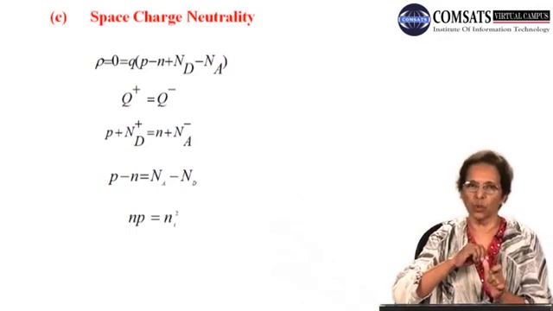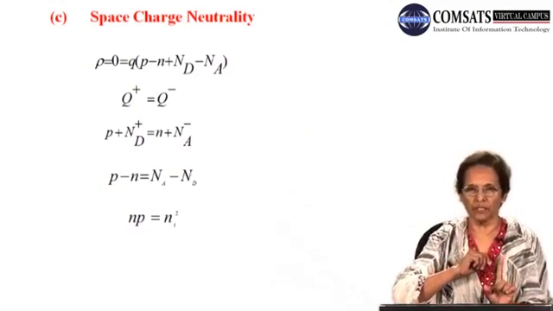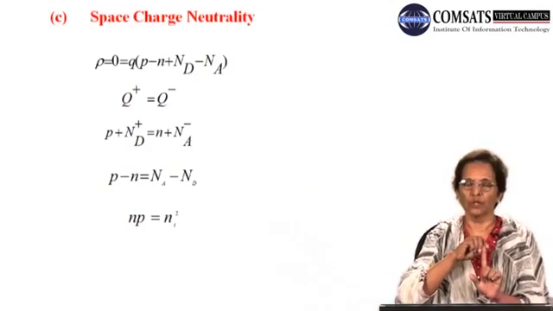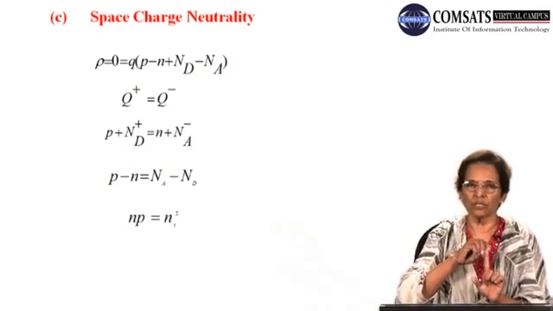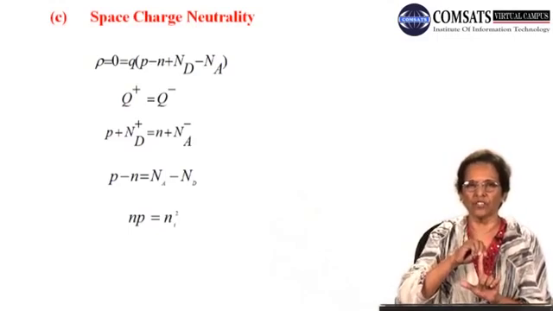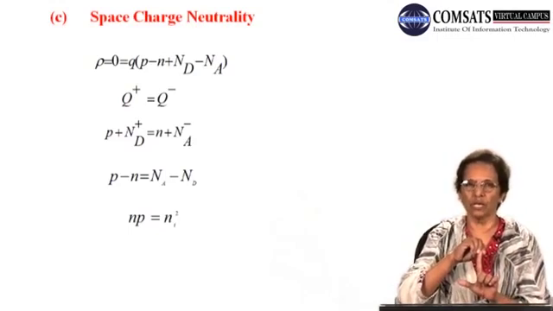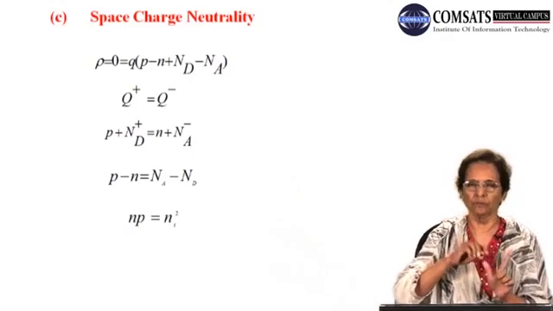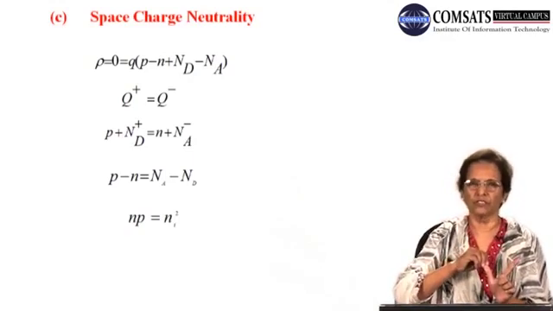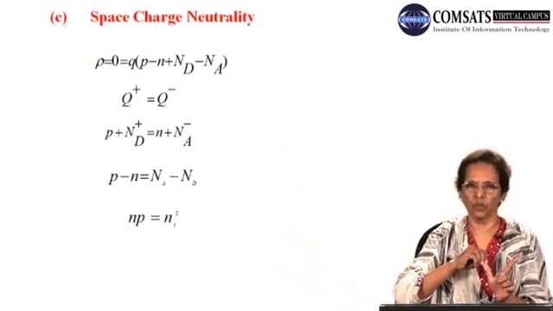It also contains holes, which will be in minority. So in an n-type semiconductor material, the majority carriers are electrons, the minority carriers are holes. The negative charge will be large due to the large number of electrons. The positive charge of the holes would be small due to the small concentration of the holes.